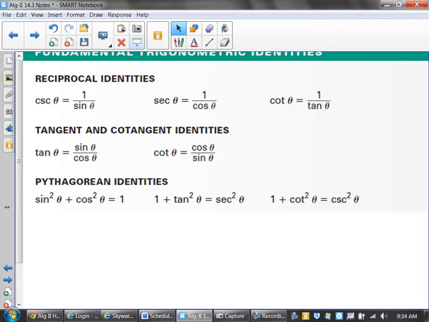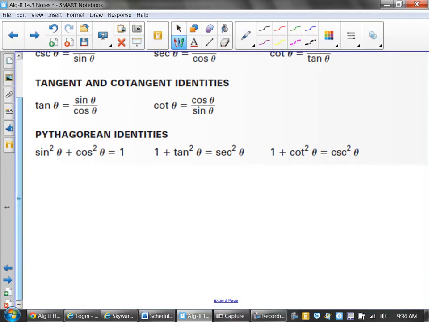In order to show that 1 plus tangent squared is secant squared, or 1 plus cotangent squared is cosecant squared, it goes as follows. If I start with my standard sine squared plus cosine squared equals 1 and divide everything by sine squared, did I keep it balanced on both sides of the equation?